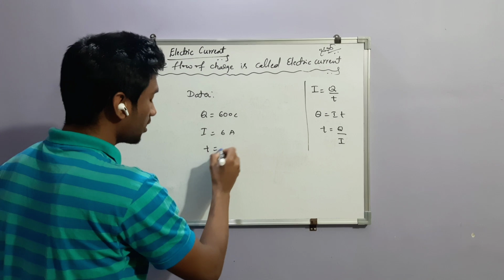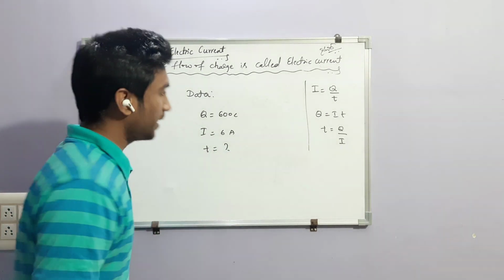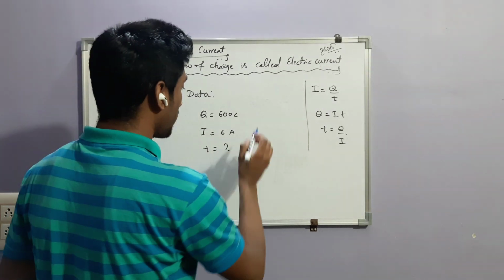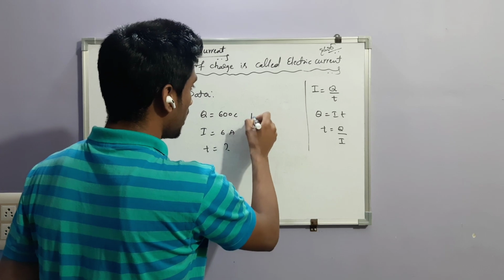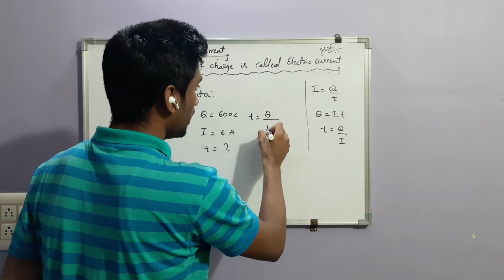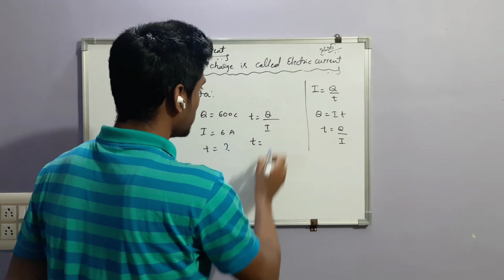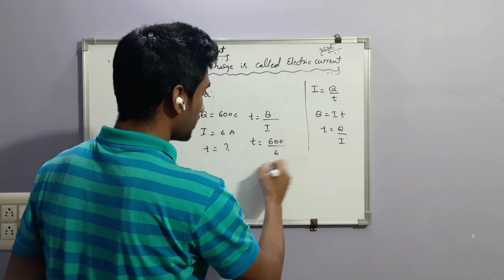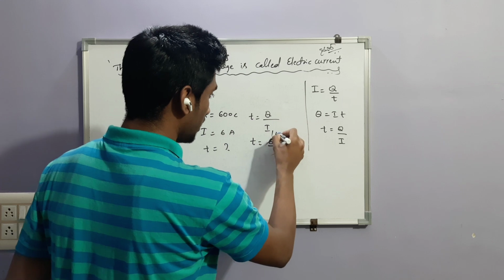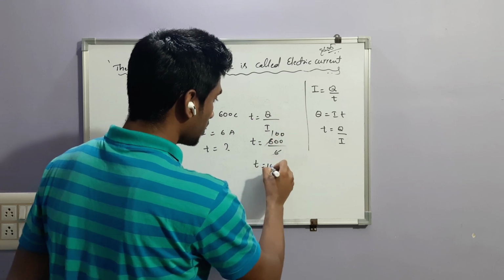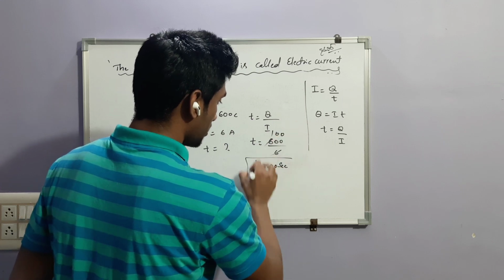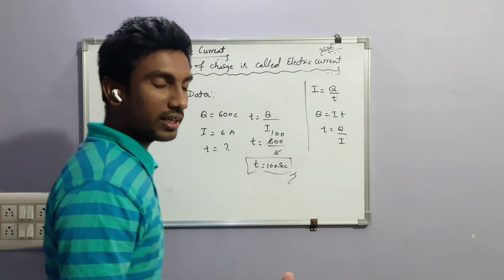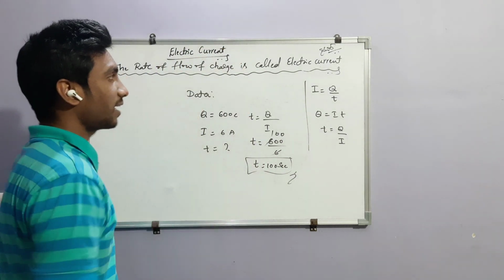Here we should calculate the time it will take in a conductor or wire. What is the formula? T is equal to Q divided by I. So T is equal to 600 divided by 6, which is 100 seconds. This is how to calculate problems on electric current.